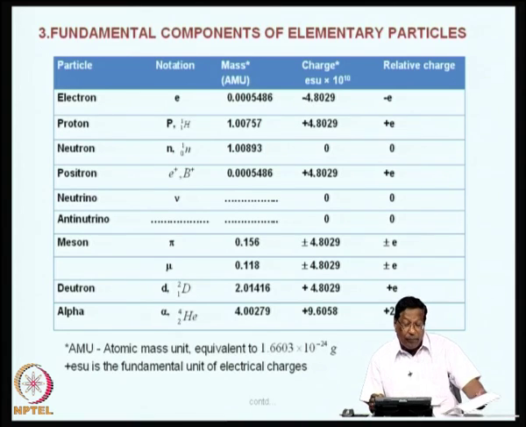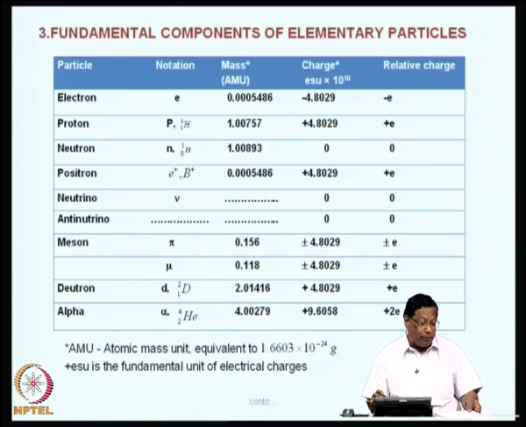The electrons are made up of small energetic particles whose existence was proved by Sir J. J. Thomson.